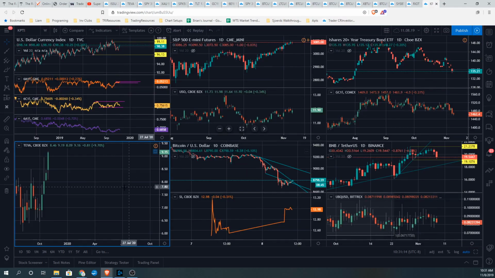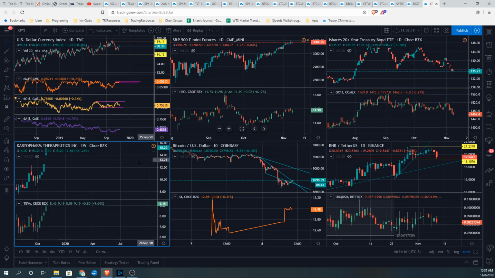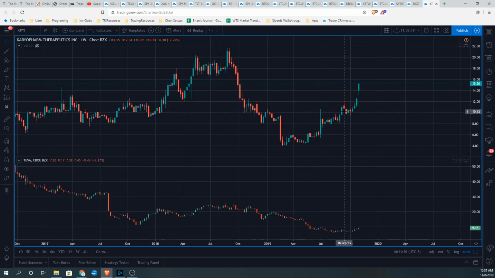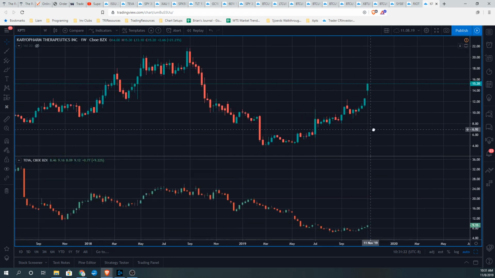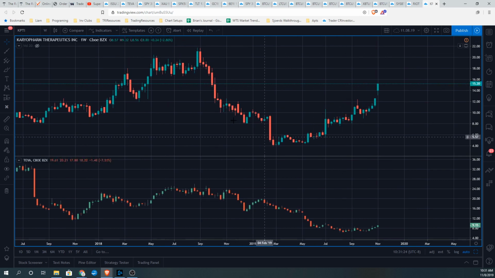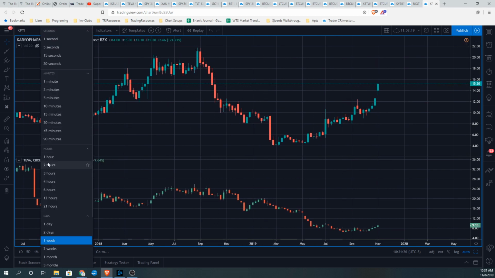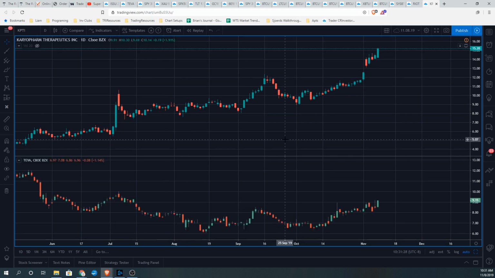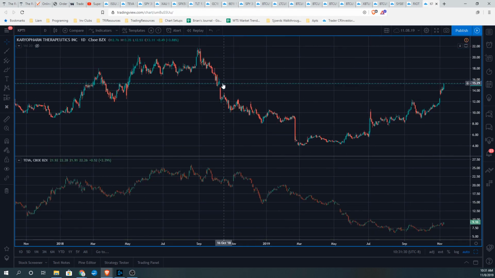And then, of course, our KPTI. This thing's just crazy. It's interesting to see how KPTI is coming up against an interesting technical level here. You don't really see it on the weekly charts, but if we go back to the daily charts, you can see there is a big old gap. They are in the process of filling that in as we speak here.